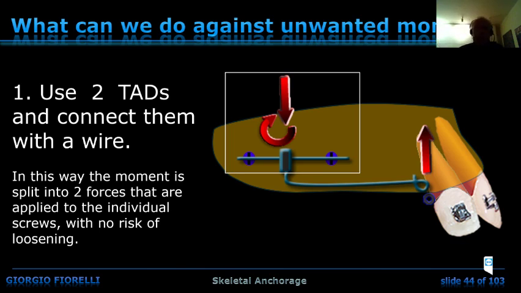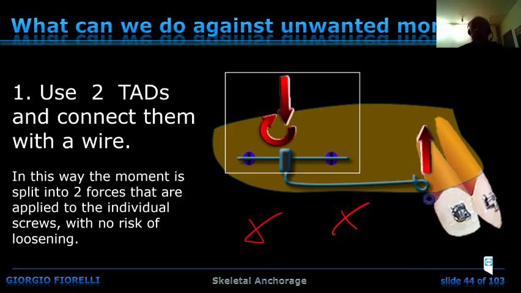So let's imagine that you have a patient with no teeth, no occlusion here, and you want to intrude this incisor. It's a very sad situation. Of course, a patient with no teeth, but it's an extreme situation.